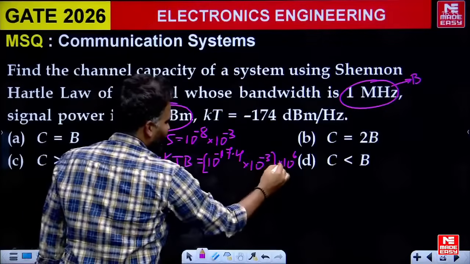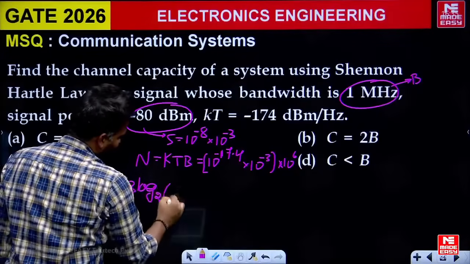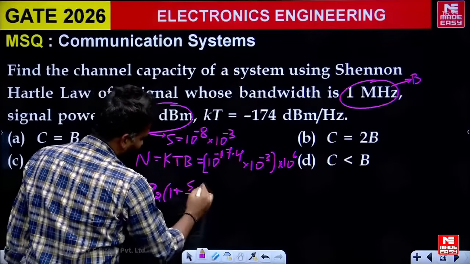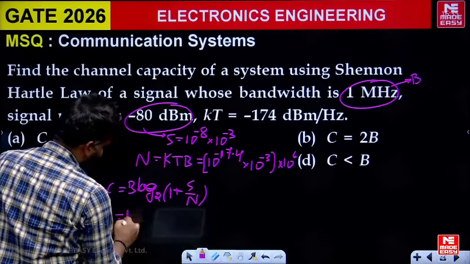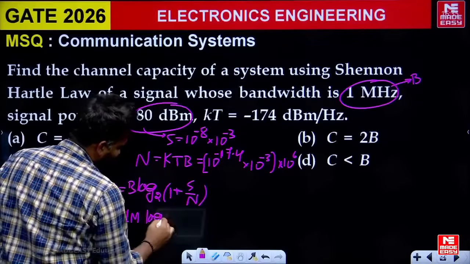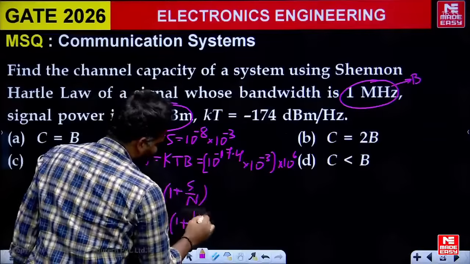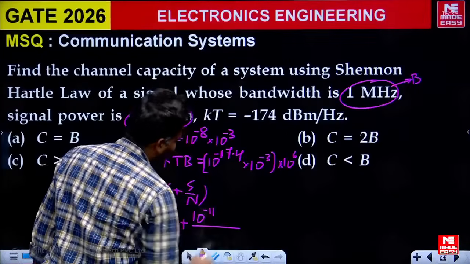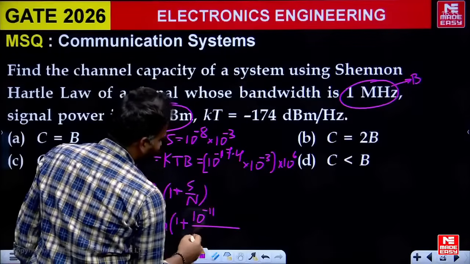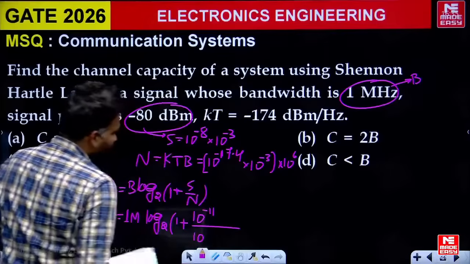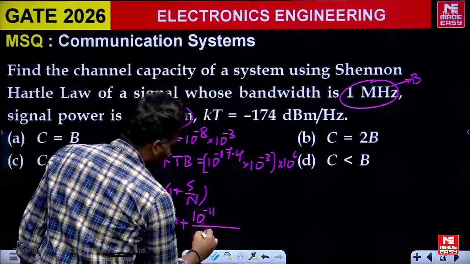Then to find the channel capacity, C is equal to B log base 2 of 1 plus S by N. So B is 1 megahertz, and log base 2 of 1 plus S, which is 10 power minus 11, and N, which is 10 power minus 14.4.